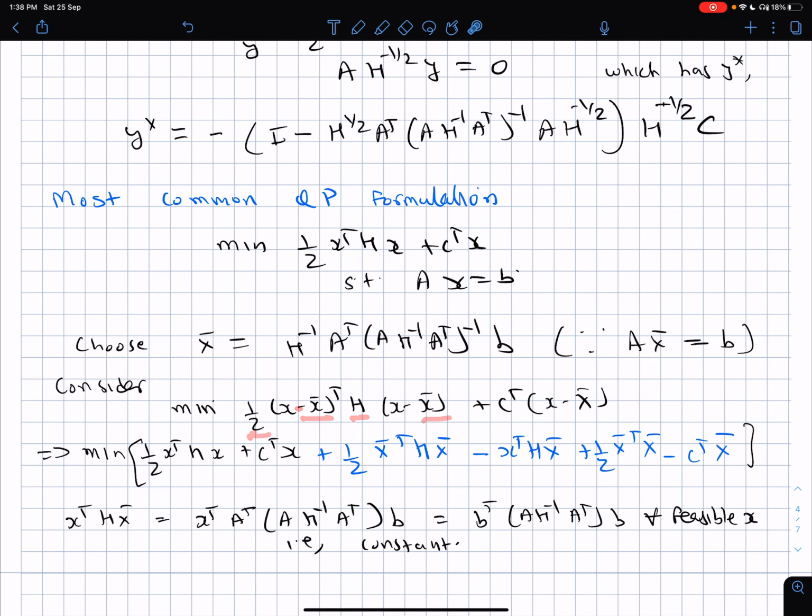The minus signs cancel out, so this is also written here. Then you get minus half of x bar transpose H x bar, which repeats with this combination, so twice of it, the scalar becomes minus x transpose H x bar, plus half of x bar transpose H x bar.